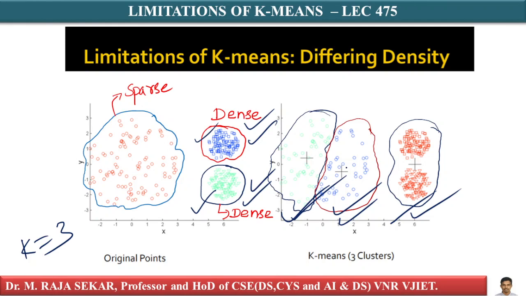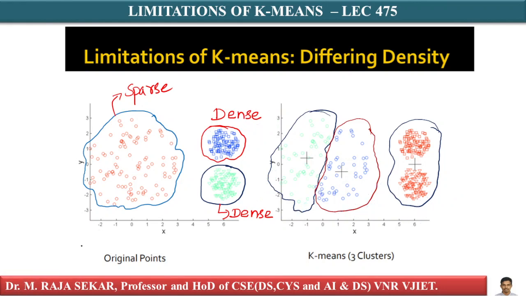So when your clusters are of different densities, k-means tends to stretch them out.